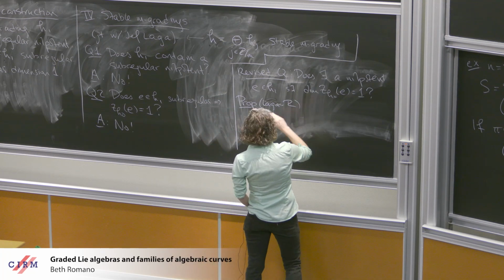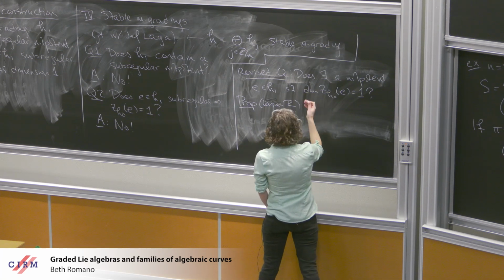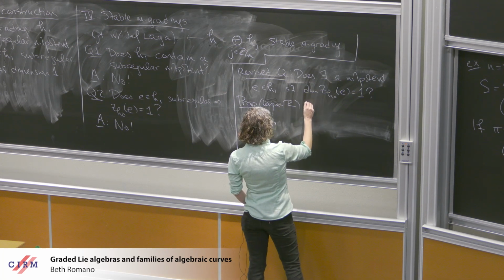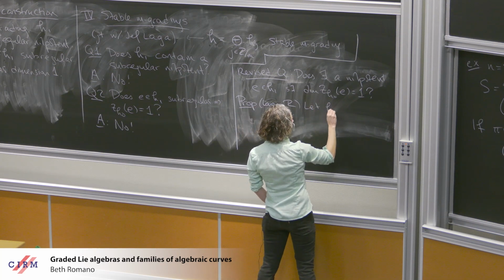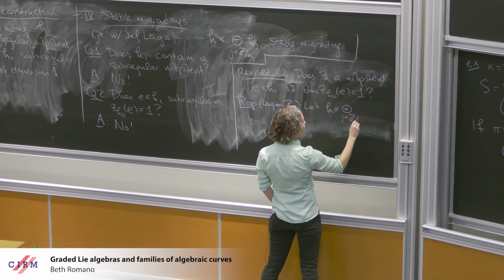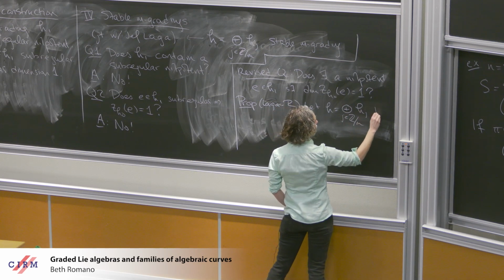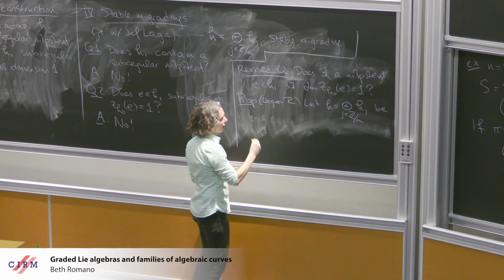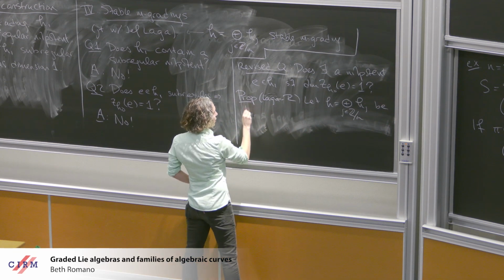I'll write it and I'll use words maybe people don't know, but I'll say something about them. So let's assume that we're going to take what's called the Coxeter grading. I'll say something about it in a second. Let this be the Coxeter grading.